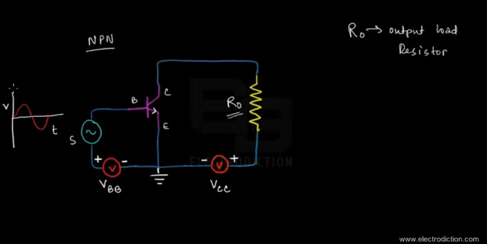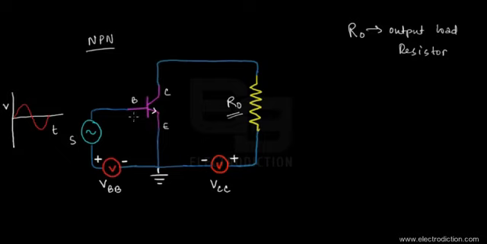Now whenever this input signal enters the base terminal of the BJT, the input sinusoidal signal would add up while it's in the positive half of its cycle. Then the bias voltage source VBB and the input signal would add up in magnitude and cause forward biasing of the base emitter junction.